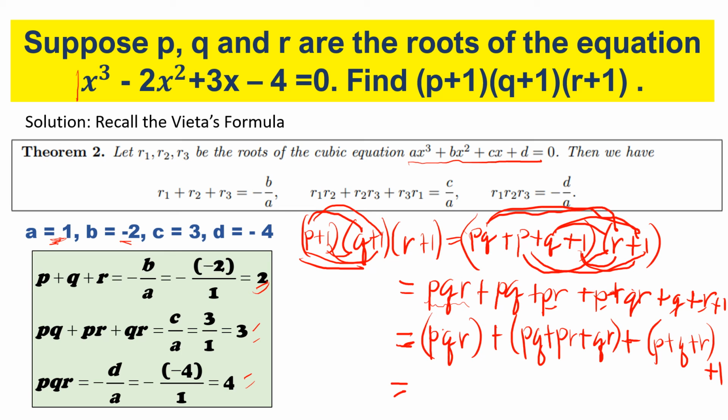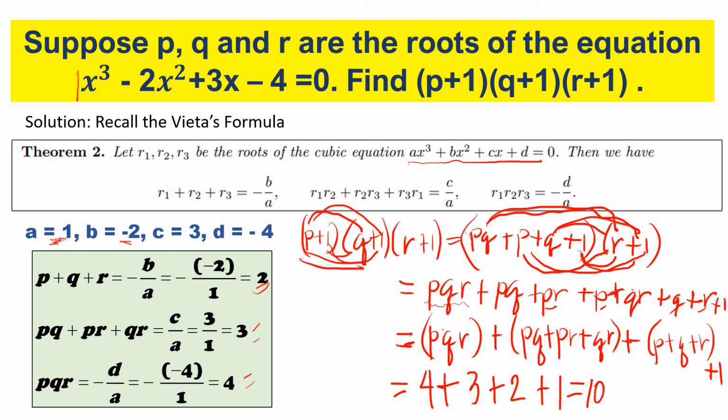Since we now have the value of PQR as 4, we replace it here, plus PQ plus PR plus QR, which is equivalent to 3, then P plus Q plus R, which is 2, then plus 1. So 4 plus 3 plus 2 plus 1 is equivalent to 10.